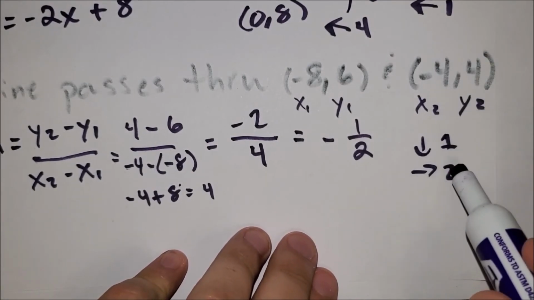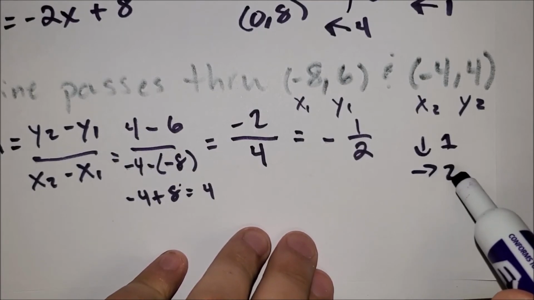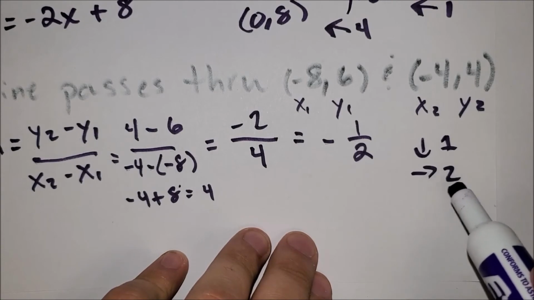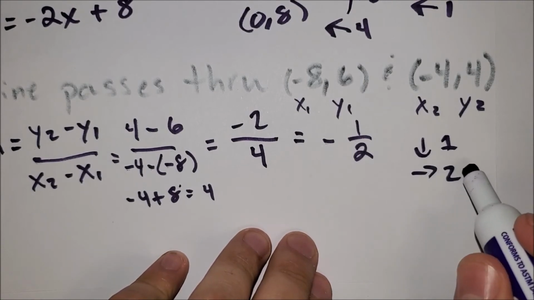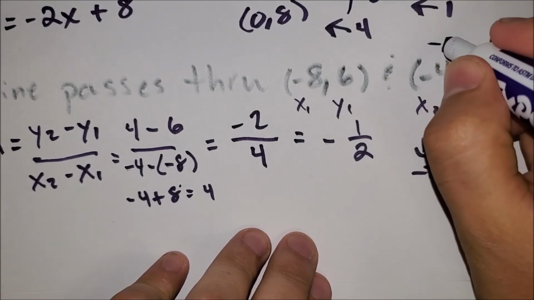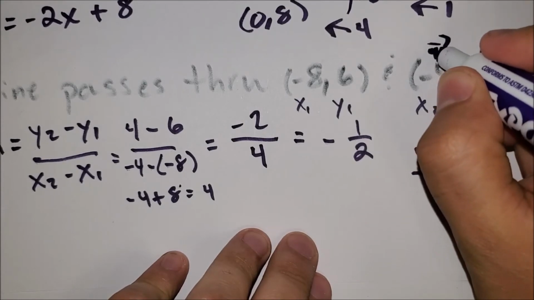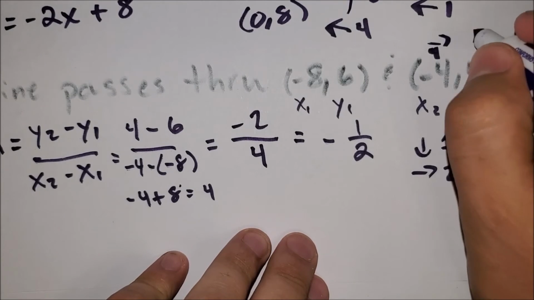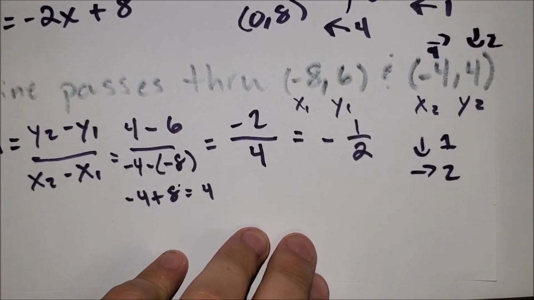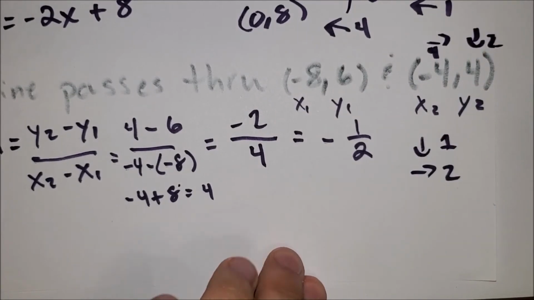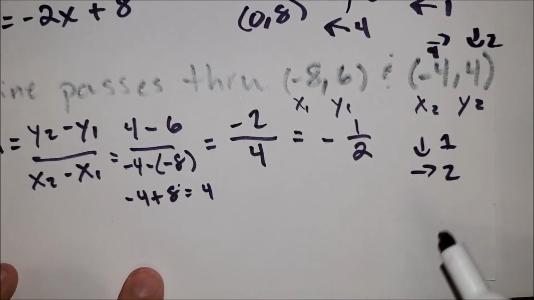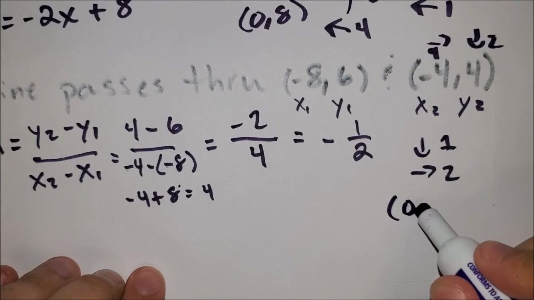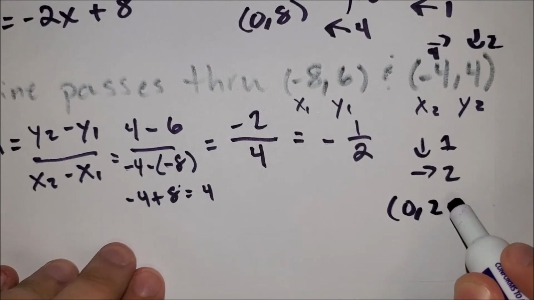So that means we would double this number here. So we would go over 4 units if we doubled this. And then we would end up going down 2 units. So that tells us that our y-intercept happens at 0, 2.